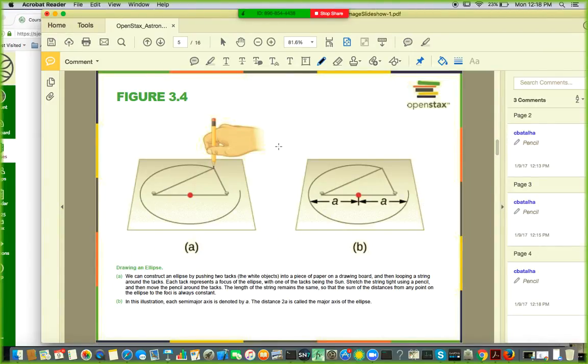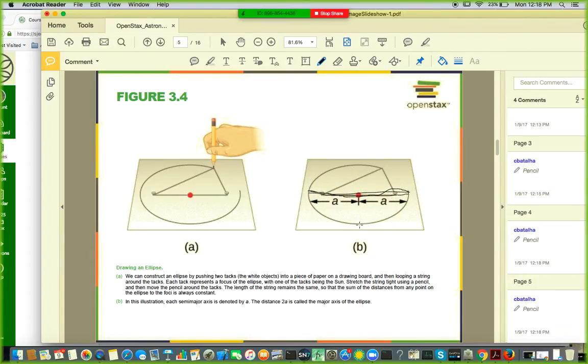And ellipses are defined by what's called the major axis and the semi-major axis, half of it, and the minor axis and the semi-minor axis, half of it. And the way you build an ellipse with a string, a pencil and thumbtacks, as you can see here, you take a string and you make a circle, right?